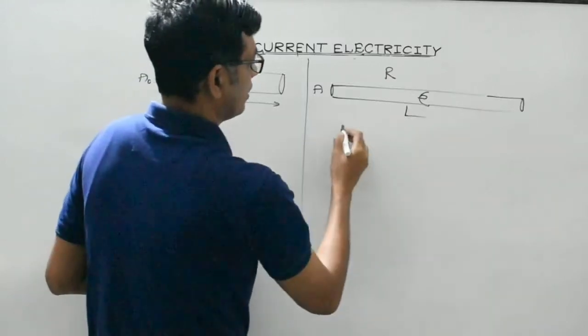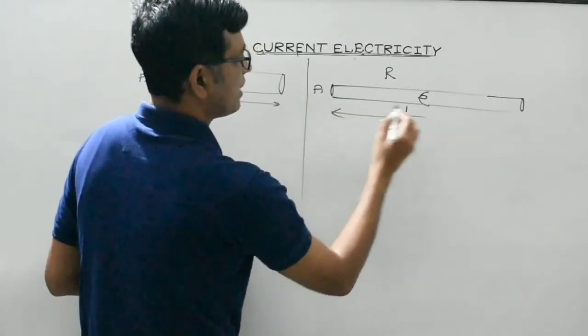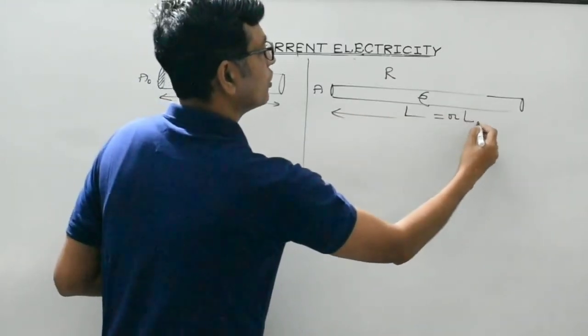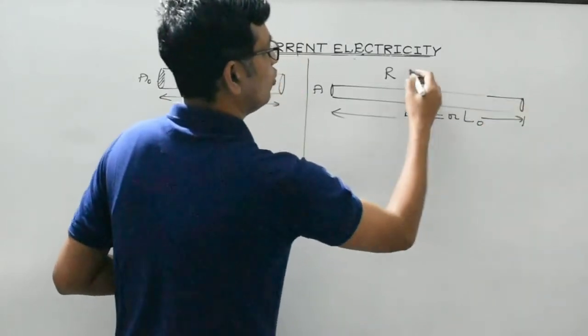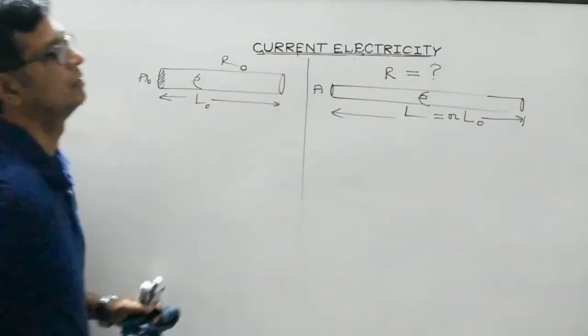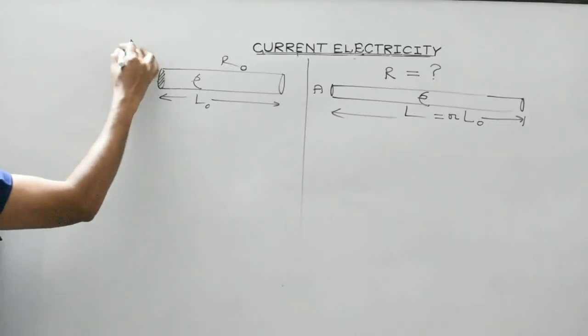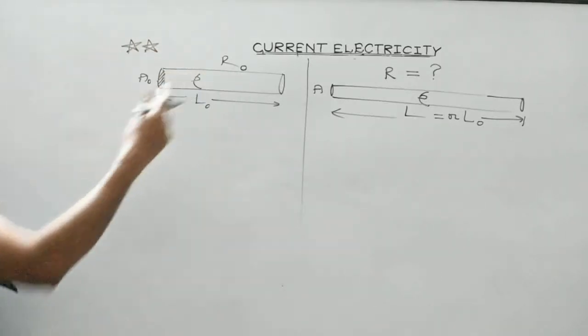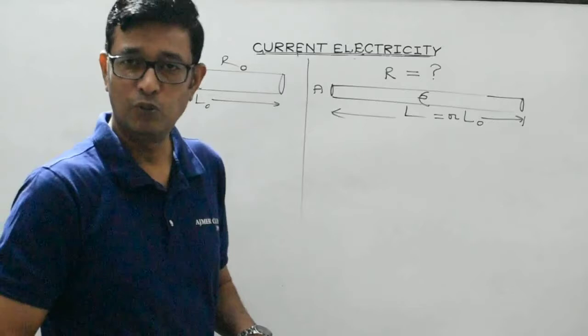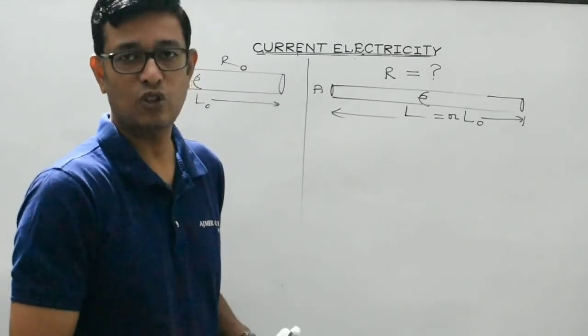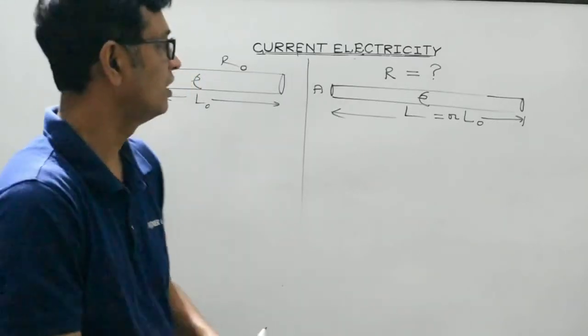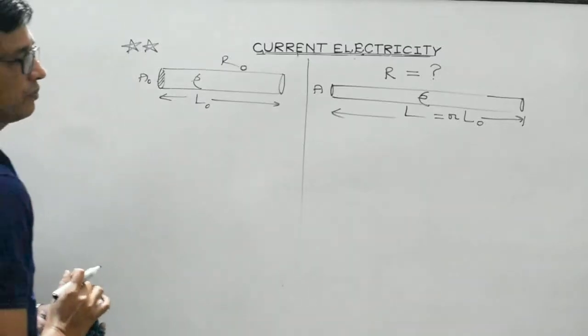And the length is increased by n times, so it is n times the original length. So what will be the new resistance? This is a very, very important concept. So let's try to get a formula which we can use directly while solving numericals. Right, students? So let's solve it.